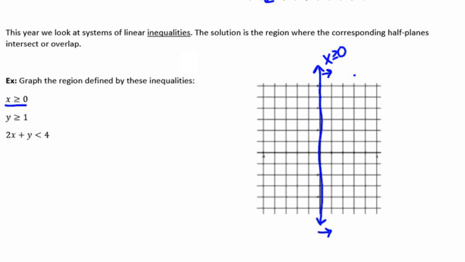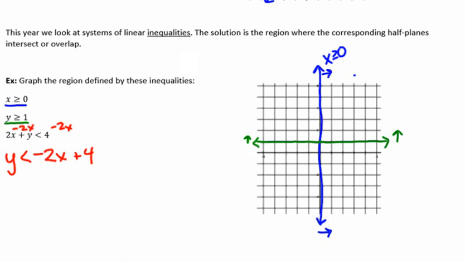My second one is y is greater than or equal to 1. So we find where y is 1, which is here. It's greater than or equal to, so a solid line. And greater than means I want to be shading above it. So little arrows to remind ourselves, let's shade above that line. And then let's do some work on this third one just to change the form. So subtracting 2x from both sides so we can have it into y equals mx plus b form.